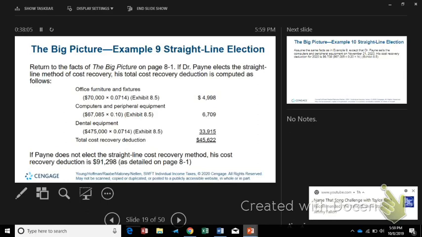Notice if he does it straight line, it actually is higher than if he does it mid-quarter, because he's going to spread it out longer. So Dr. Payne does not elect straight line. His cost recovery would have gone back up to the other, but that's without the 475 put in the fourth quarter.